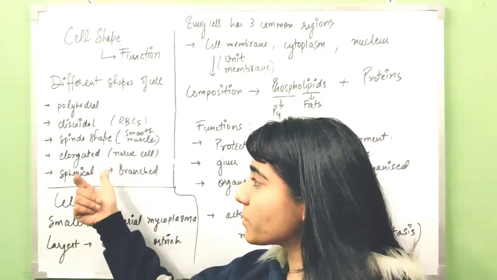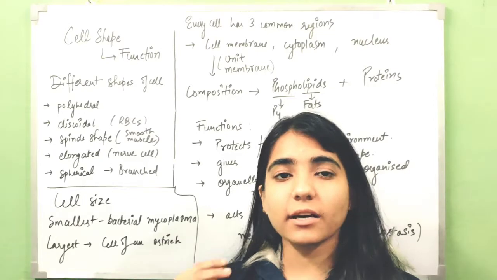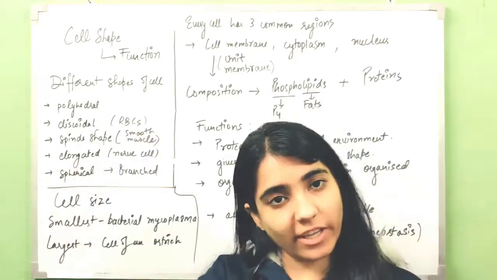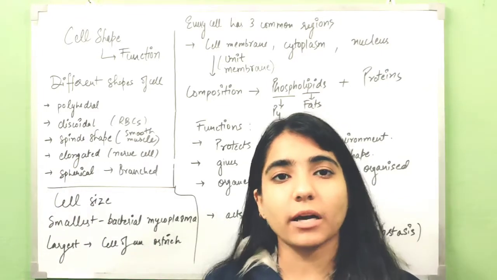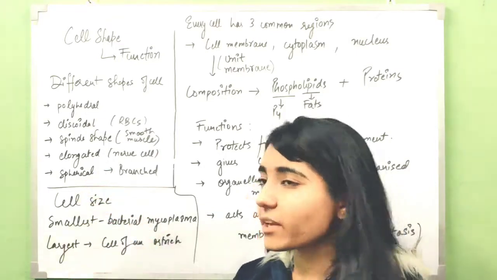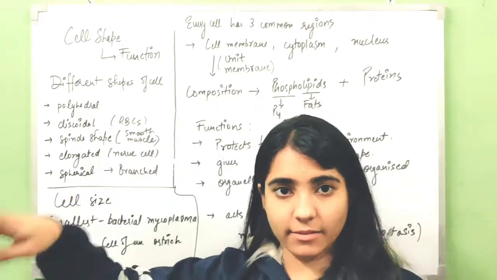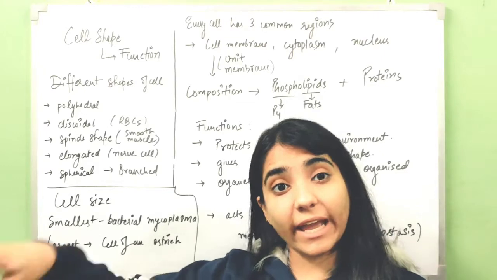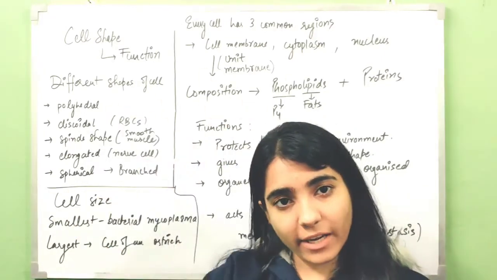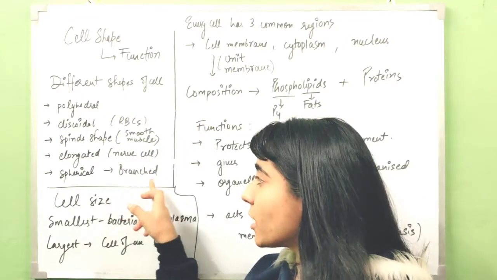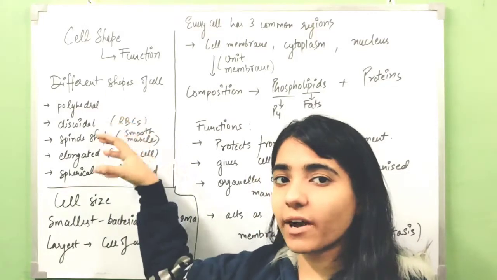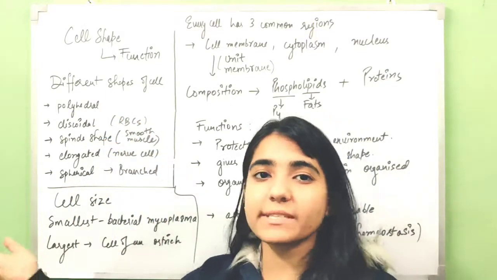The fourth shape is elongated. Our nerve cells are elongated in shape. Fifth is spherical, that is the egg of animals, sorry, mainly animals. The spherical shape is the shape of an egg, like the cell of an ostrich. And the last shape is the branched one. So these 5 or 6 shapes are the different shapes of a cell.